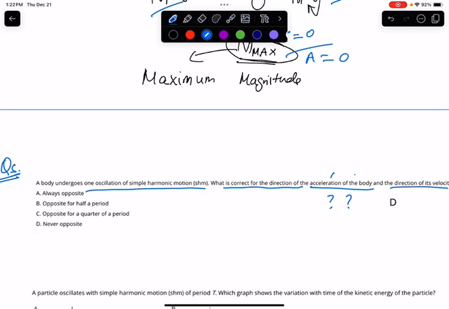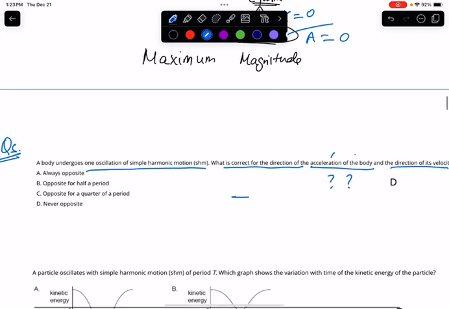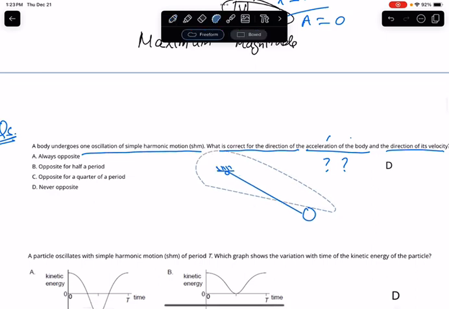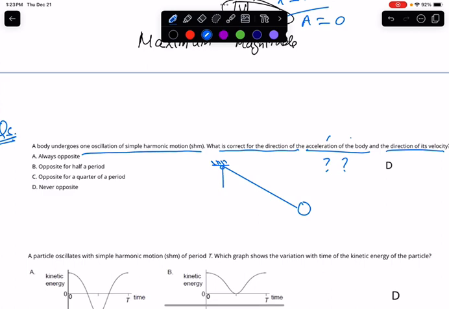The main idea to see over here is that you would draw the simple pendulum like this. If the pendulum is going to the right, we know that its velocity is falling, because at the center the velocity is maximum.